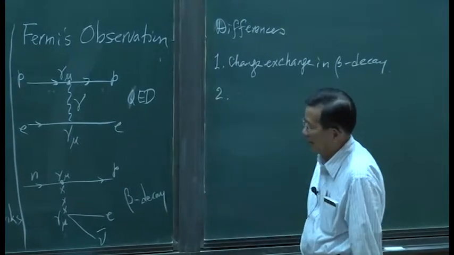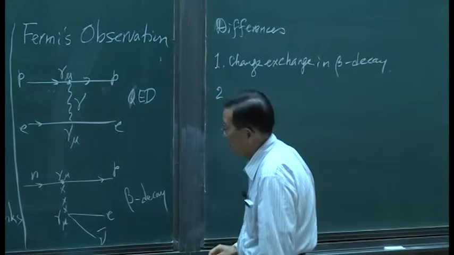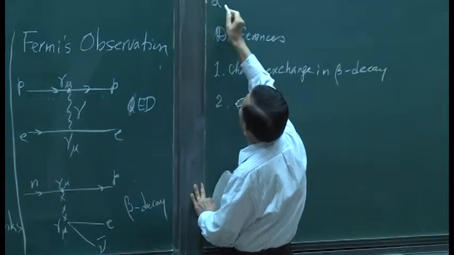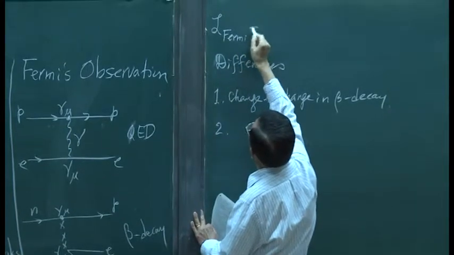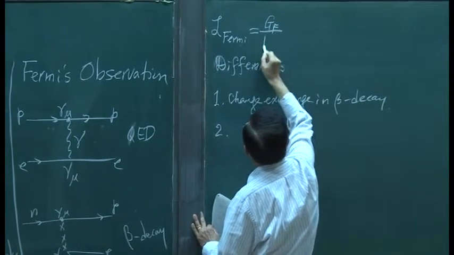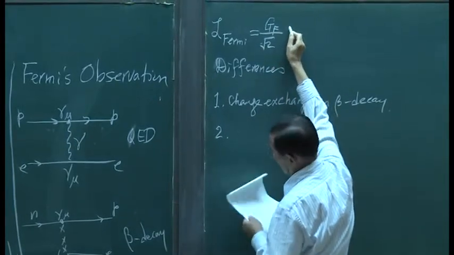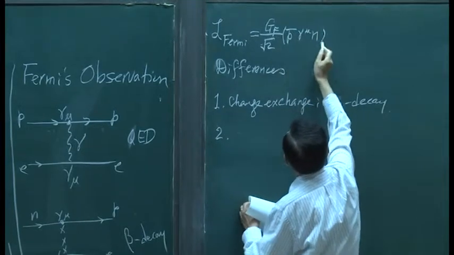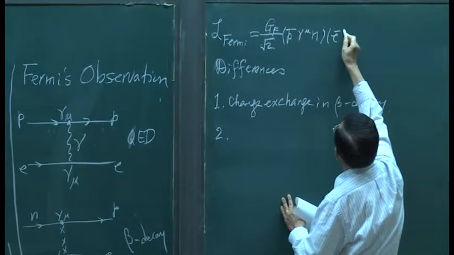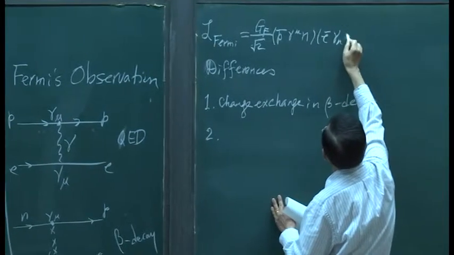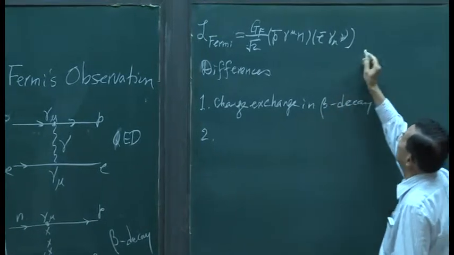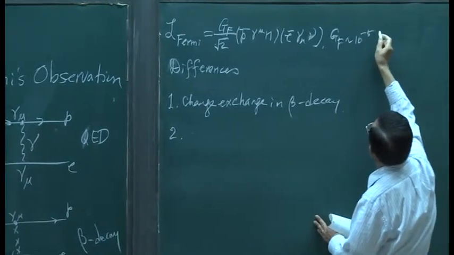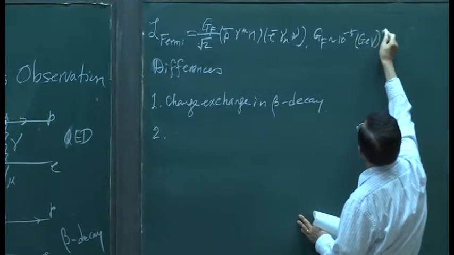And then the second thing is that the Fermi interaction is given by G_F over square root of 2, and then you have p-bar gamma mu n, and then neutron gamma mu neutrino. And the coupling constant G_F is of order 10 to the minus 5 GeV to the minus 2.